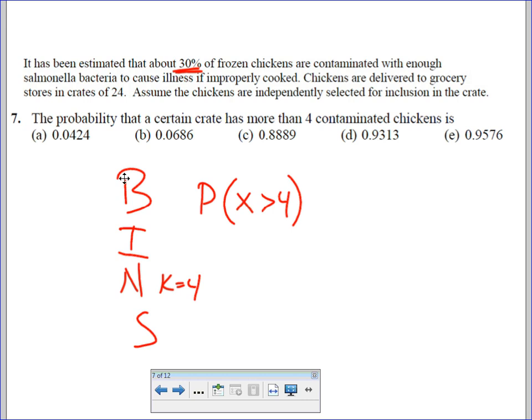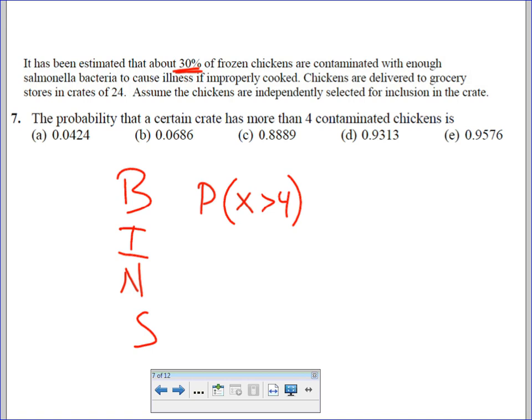So you could find the probability of 3, the probability of 2, the probability of 1. I'm sorry, n is not 4. n is 24. So there's 24 trials. So the easiest way to do this is to remember the calculator will only find less than or equal to.